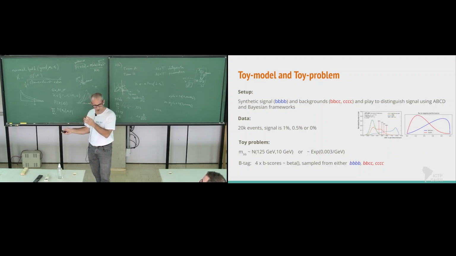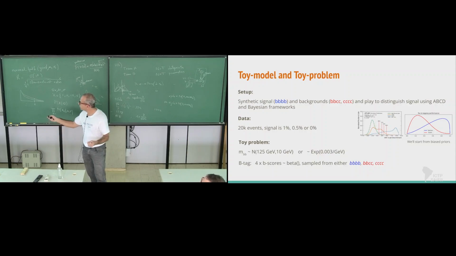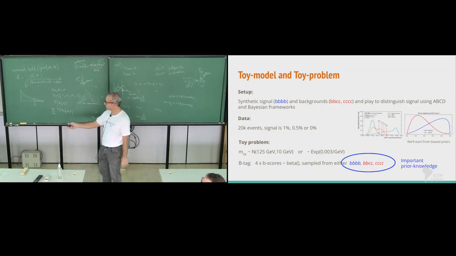Instead of using the orange and the blue, we're going to use these beta curves as an approximation, okay? We generate the data with the given curves, we start with the bias priors, and we're going to show you how after inferring, we get the correct ones. And this is, as I told you, important prior knowledge.